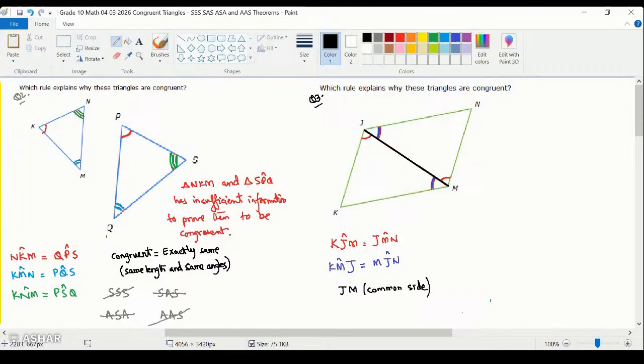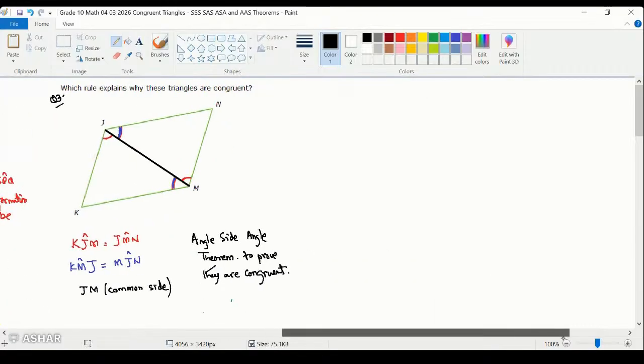So we have angle, side, angle, and the theorem proves they are congruent. Angle, side, angle is given to us. Let's have a look at another example.